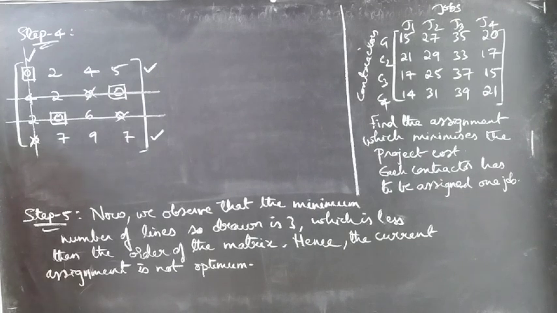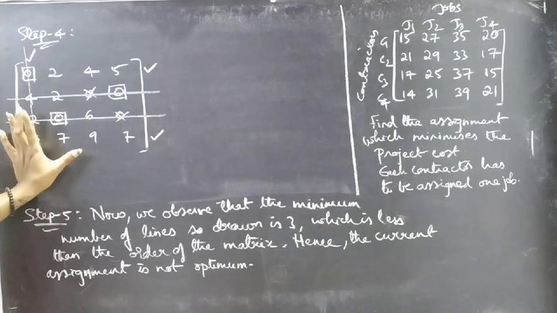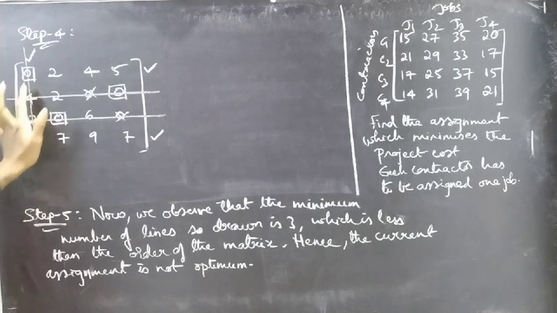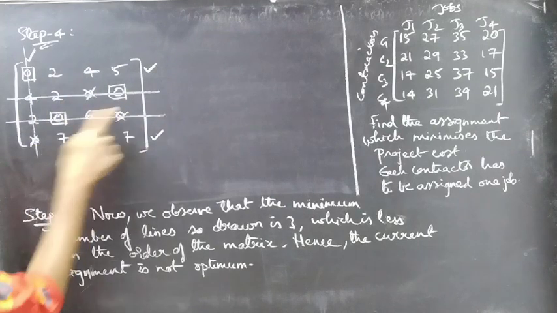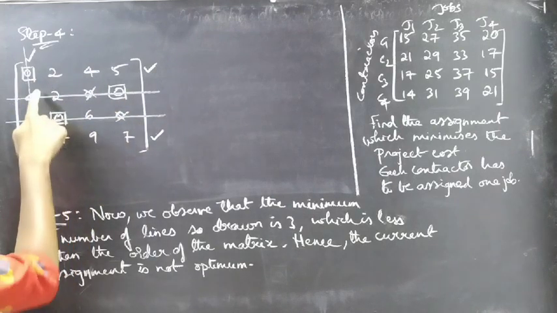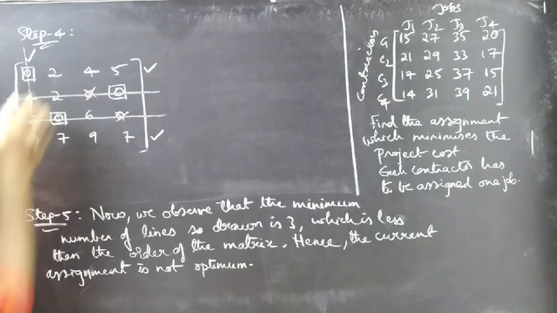So what we'll do is pick the least element which is uncovered. We'll pick the smallest element which is not covered by these lines. The smallest element not covered by these 3 lines is 2, right? So 2 is the smallest element.